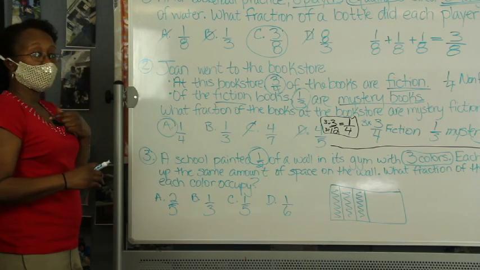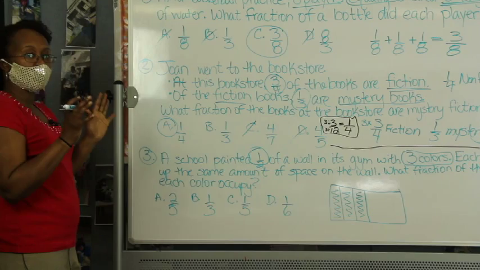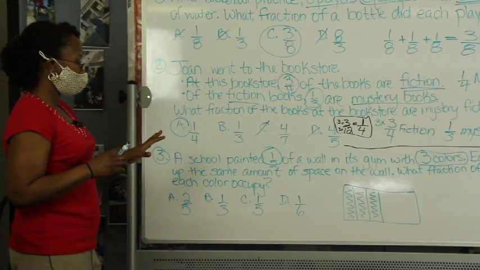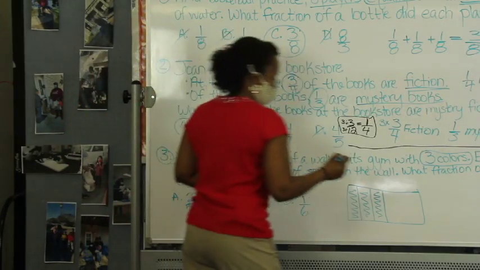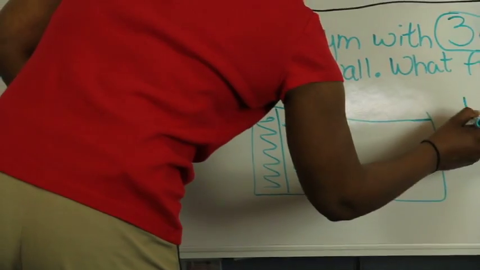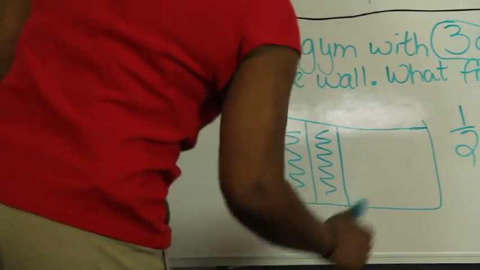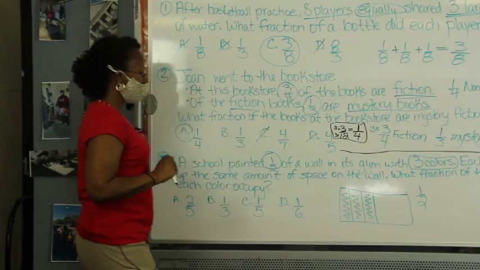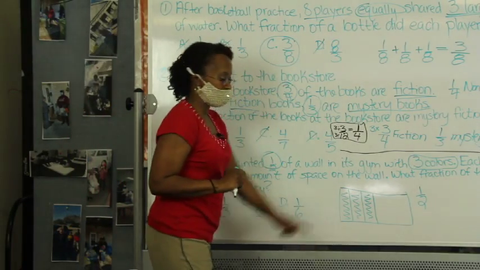So what I would do, just based off of knowing this, is I would say that I pretty much have to divide 1/2 into 3, okay? Now, so half the wall has 3 colors.